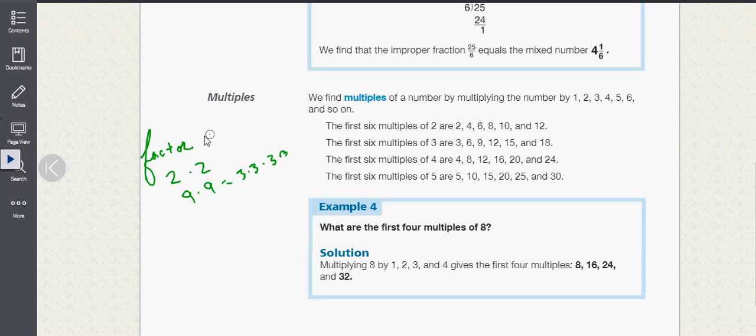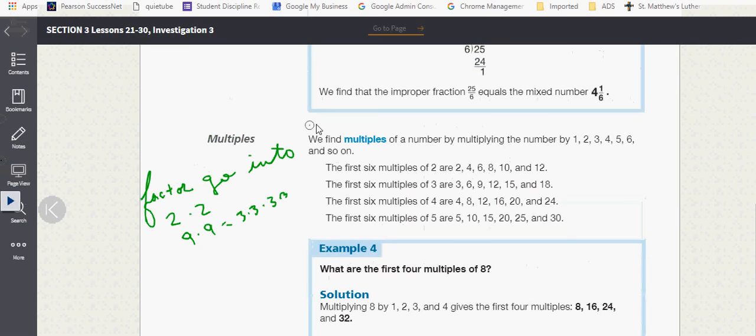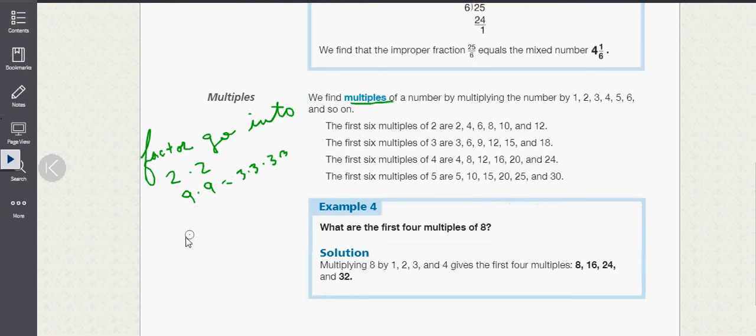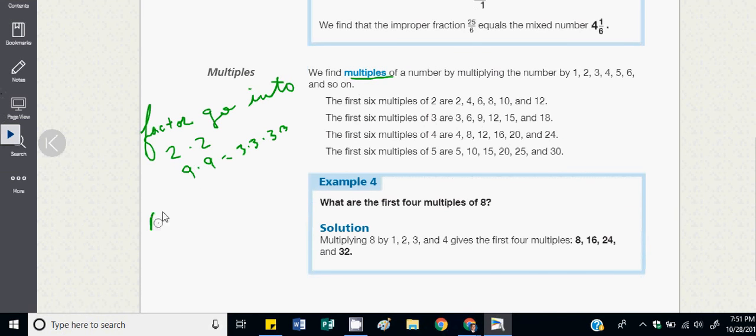Factors are the numbers that go into. Now, what does it say multiples are? It doesn't really give a definition, does it? But the multiples are the numbers that the factors become. Multiples are really products.